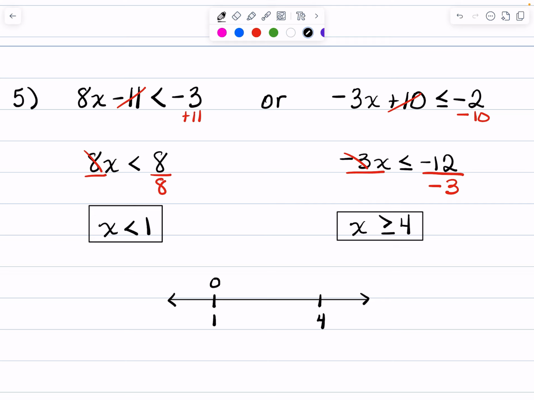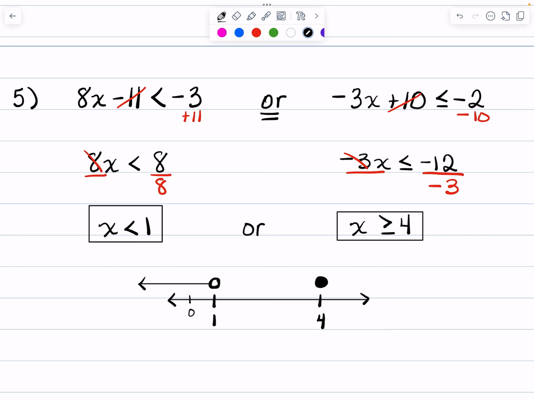1 is in less than, so it's an open circle. 4 is greater than or equal to, so this is a closed circle. It is an or statement, so we've got some clue of what it's going to look like. X is smaller than 1. What number is smaller than 1? 0. So this one here will face to the left.